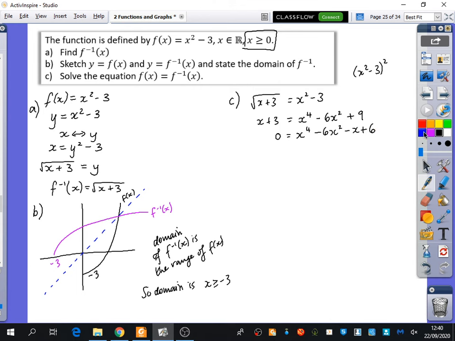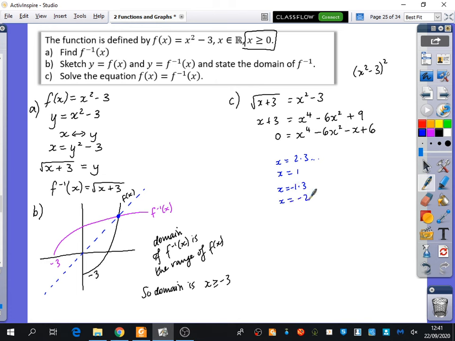Clearly by looking at the graph, there is only one solution where they all cross. So the ones that the calculator has given you are x equals 2.3 something, x equals 1, x equals minus 1.3 something, and x equals minus 2.